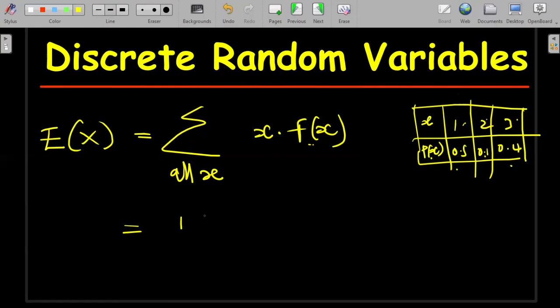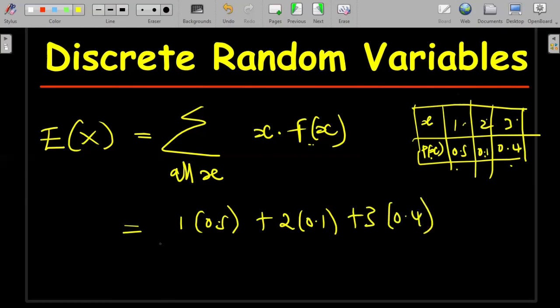So we're going to say 1 multiplied by 0.5 plus 2 multiplied by 0.1 plus 3 multiplied by 0.4. When we add all this, we're going to get what we call the expected value, or the average. So this is the formula that we are going to be using when finding the average, or the expected value.